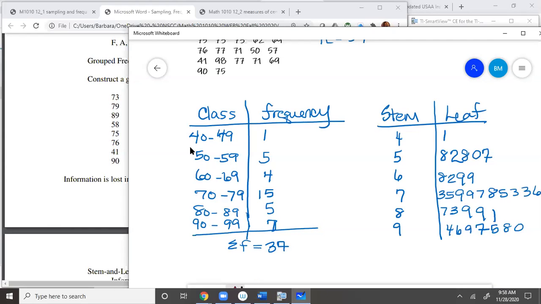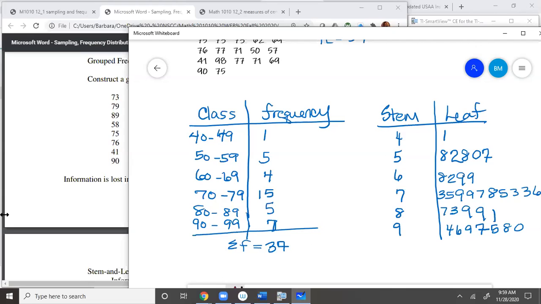The class width is the lower limit minus the lower limit in the previous class. So the class width is 50 minus 40, which is 10.